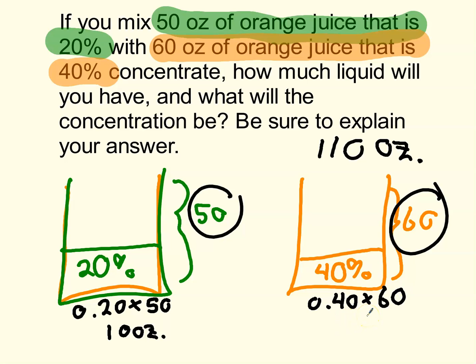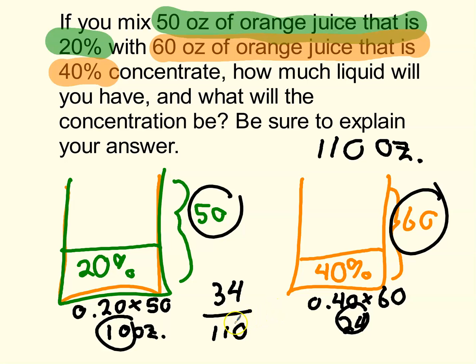Well, 40% of 60, if you calculate that out, is 24. So how much do I have total? I've got 10 right here and 24 there, so I've got 34 ounces total of concentrate out of 110.